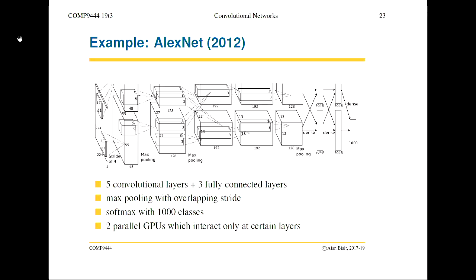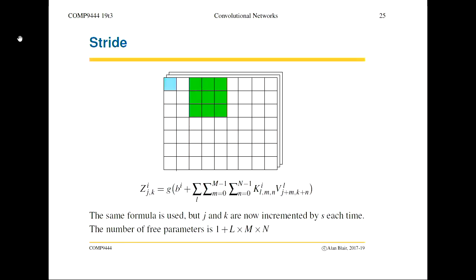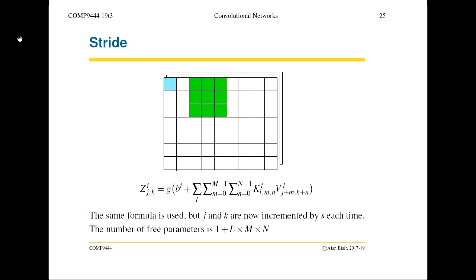So this leads us to the concept of stride. In the example I showed you before, we just shifted that little green filter across by 1 pixel at a time. But if we want, we can move it 2 pixels at a time.